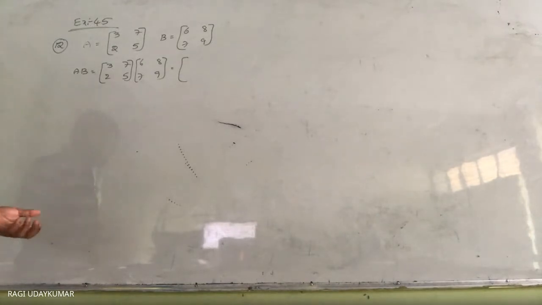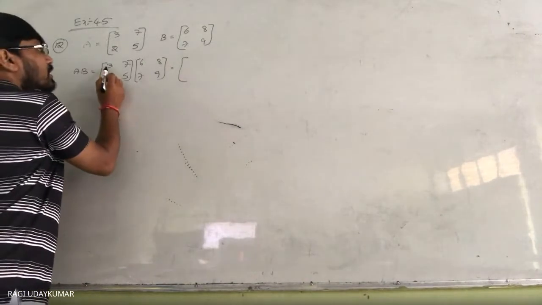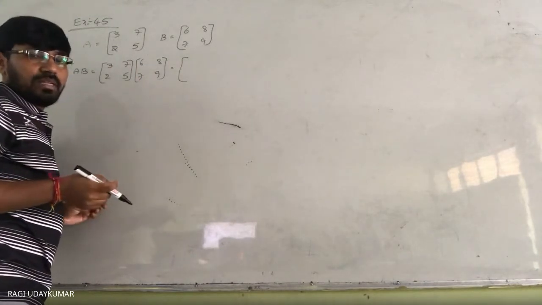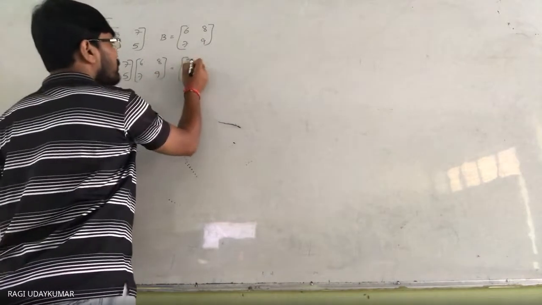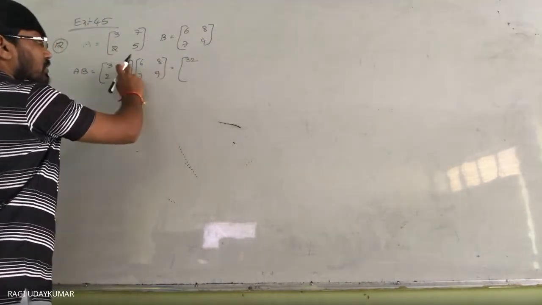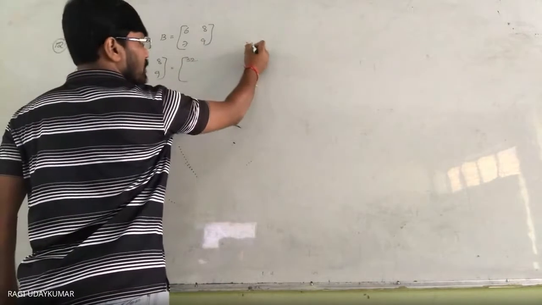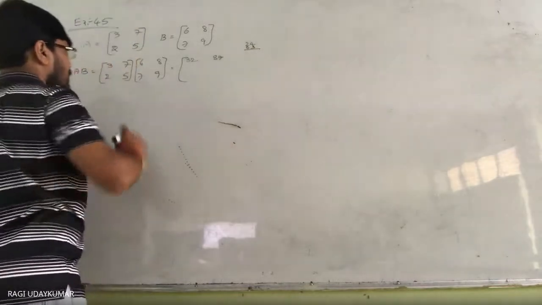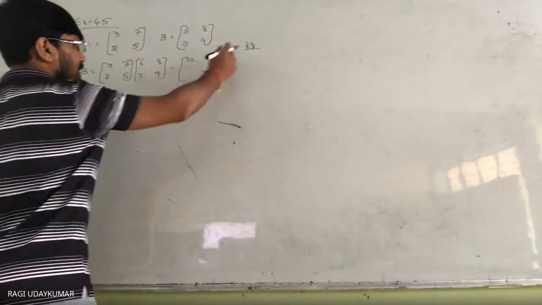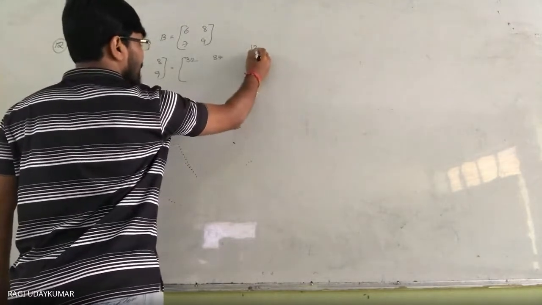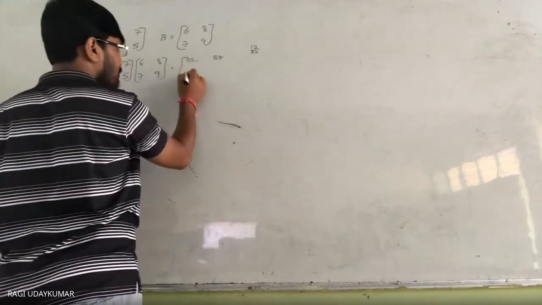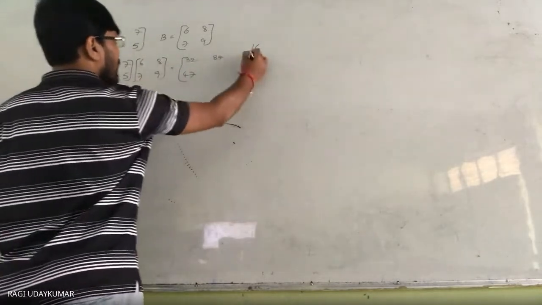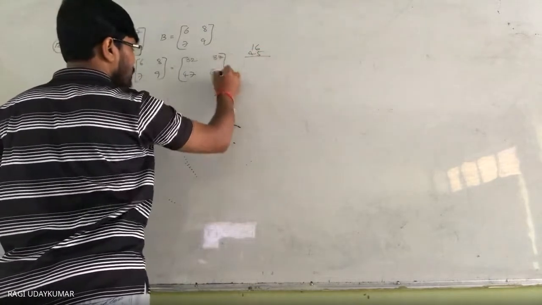Just simple here, it is not more difficult. 18 plus 14 is 32. Then 24 plus 63, we are going to get 87. Next, 12 plus 35, so we are going to get 47. Next, 16 plus 45 is 61. So this is AB.